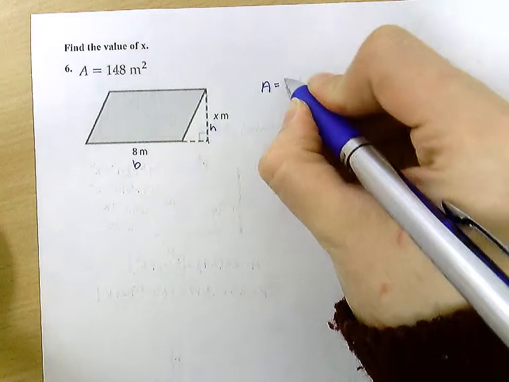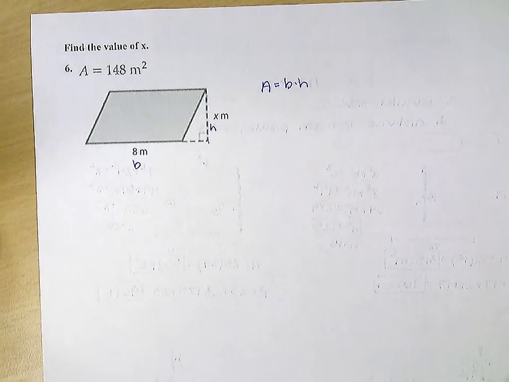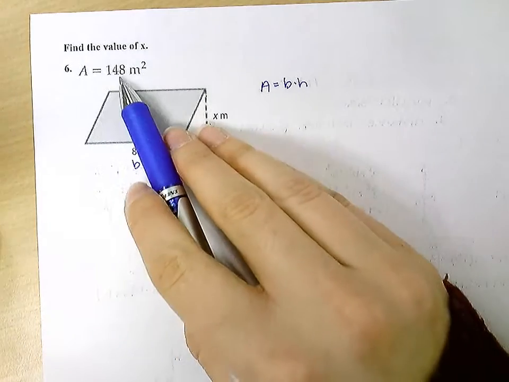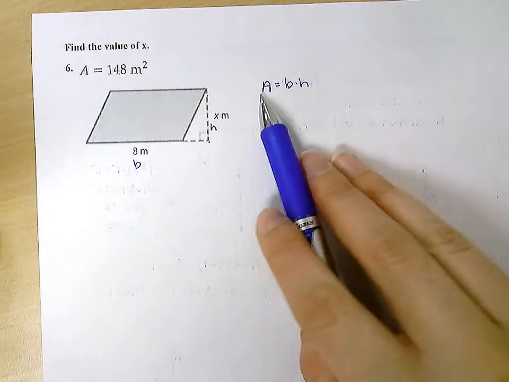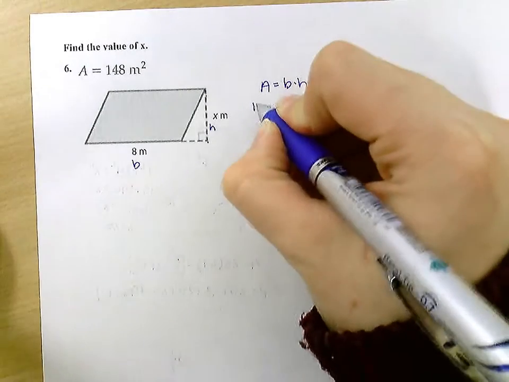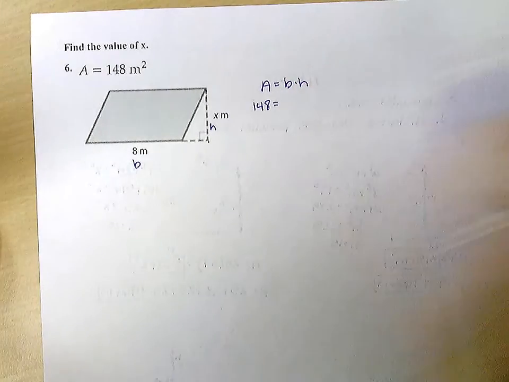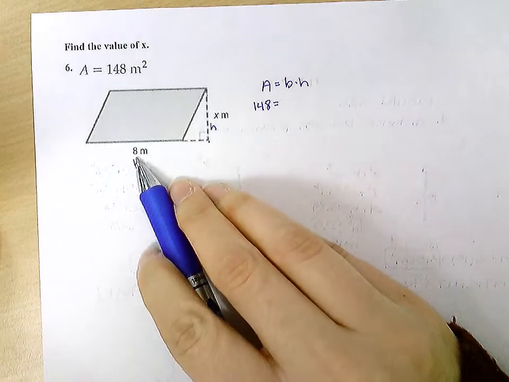Area is equal to base times height. And I'm just going to plug in each value. Well, I'm given A is 148. So I'll plug in 148 for A. I have B is 8.